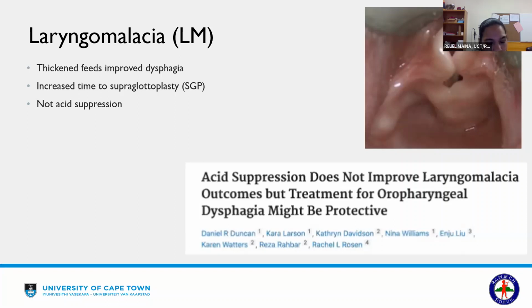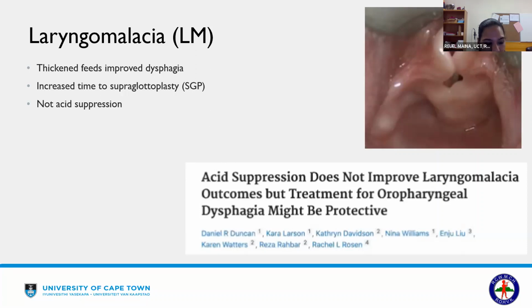55% of these patients were put on acid suppression. And in this study, it shows that acid suppression does not always reduce the frequency of supraglottoplasty-related hospitalizations as compared to those that were not treated.